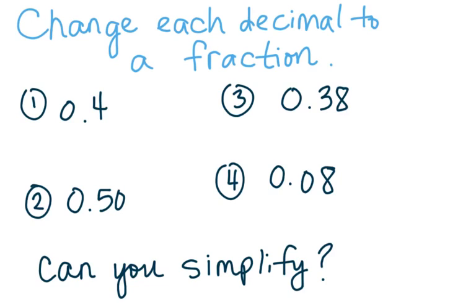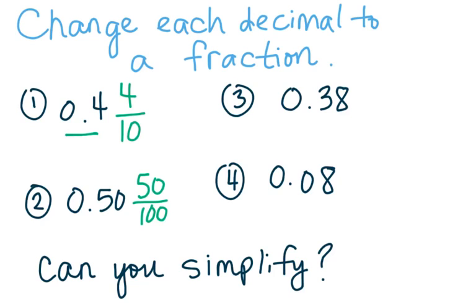Moving on, now write these decimals as fractions. So pause the video and then solve and then come back and check your work. All right, so this one right here is 4/10. So we write that 4 over 10. Number 2 is 50 over 100 because this says 50 hundredths. And I'm noticing on both of those answers I could simplify. So we're going to go back to those in just a minute.